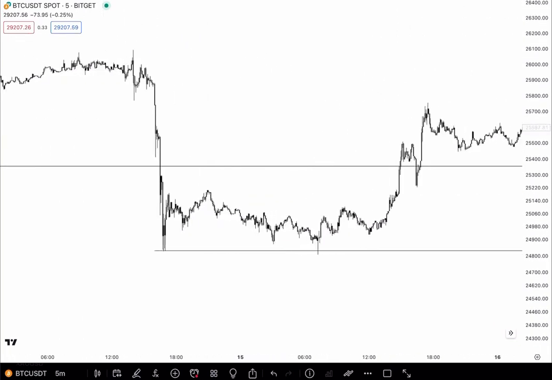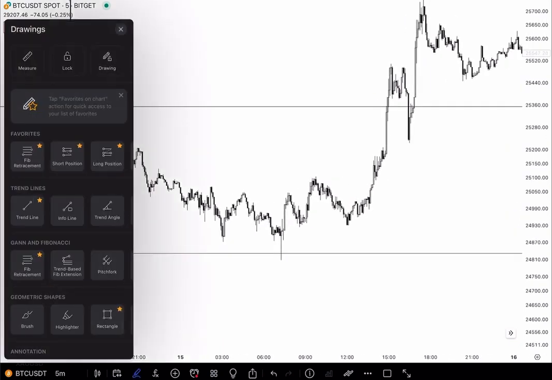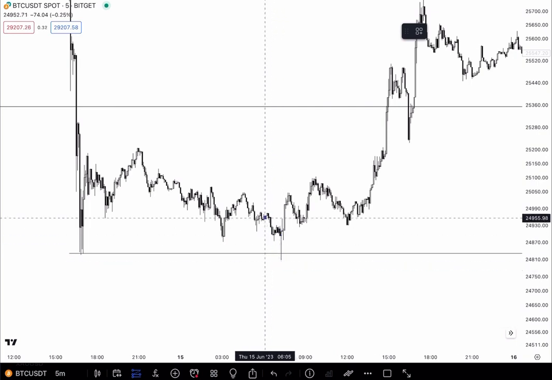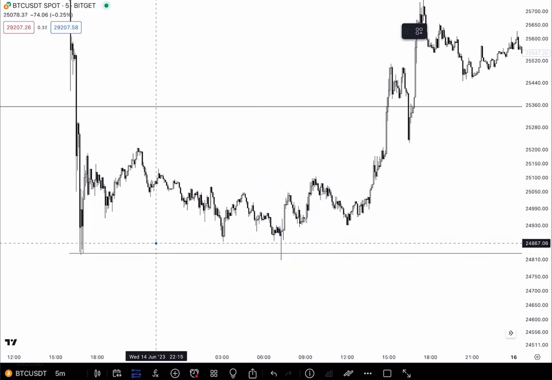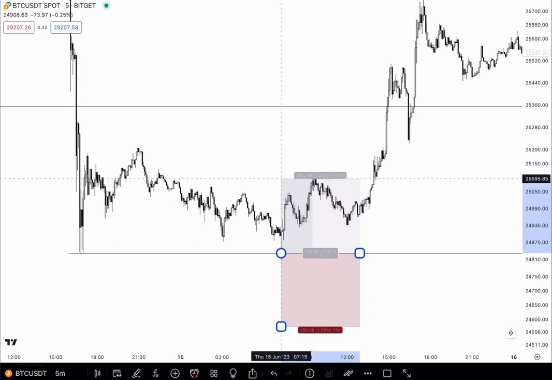When this turtle soup happens, because we know time and price are both fractal, when this happens, then bingo, I have my entry right here. Even using a blind entry, which I call, if you have the range right, you can use a 1 to 2, 1 to 3, right?